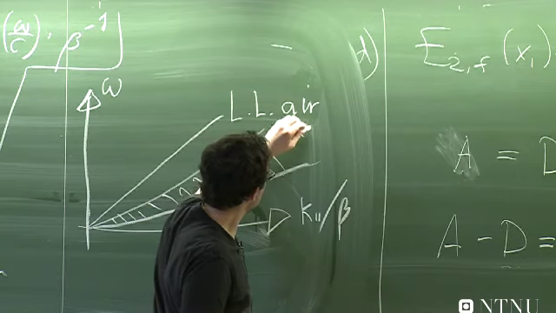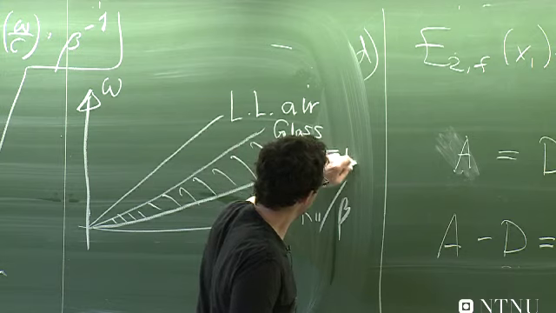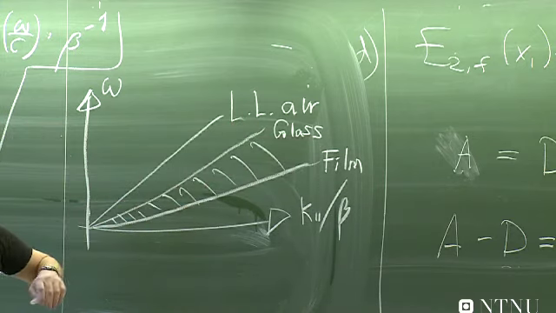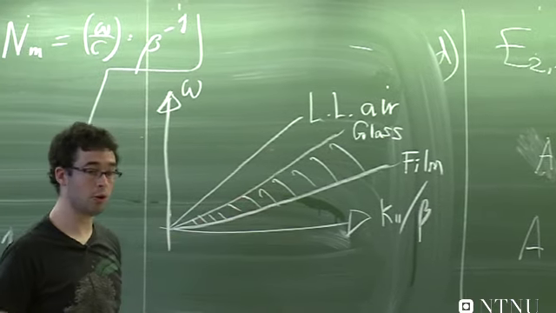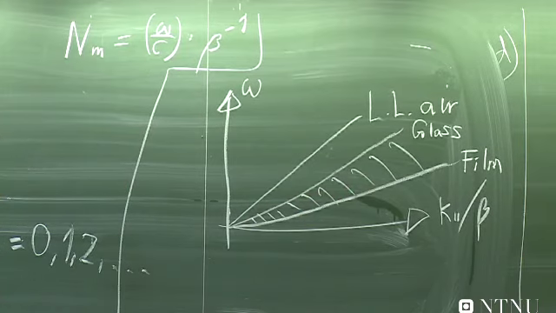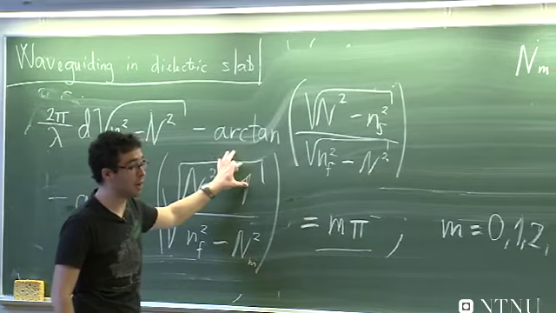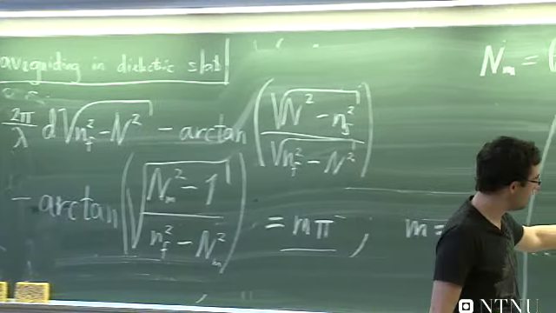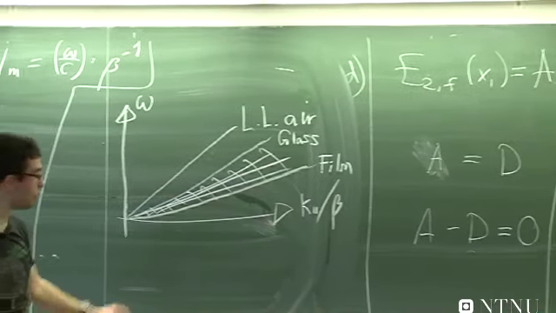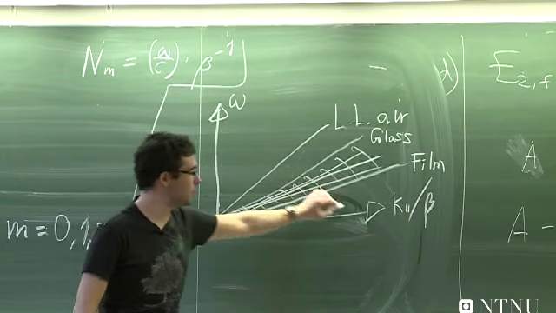Of course, the substrate and the air could be the same material, then these would fall on top of each other, but still it would be in this area that you would need to have the dispersion relation. But now, as m is an integer, this forms a line in this plane. So there are lines somehow for each mode. So one mode corresponds to one line here, one connection between omega and beta.